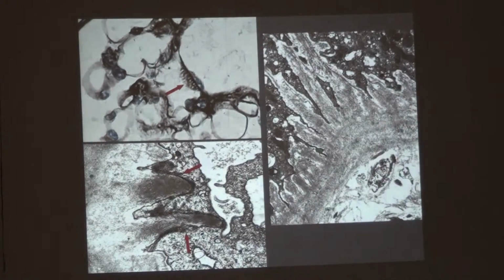This is the electron microscopic view, where you can see the fibrils. This is the epithelial surface where deposits are there. You can see the deposits here. This is the electron microscopy study.